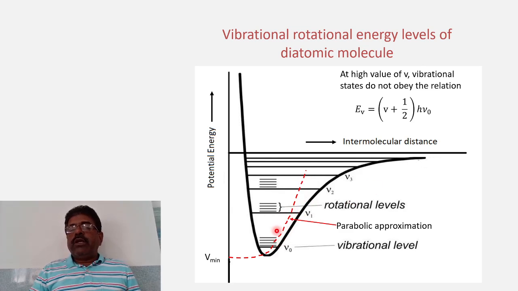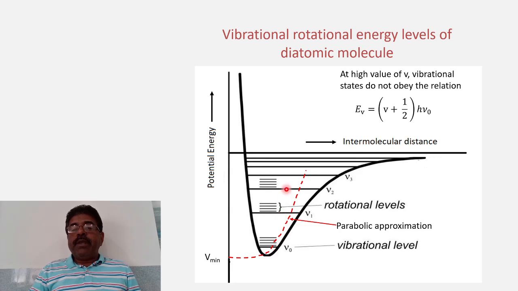So this is a parabolic approximation. Therefore the equation will no longer be satisfied for higher values of V, and the energy spacing goes on decreasing as the V value increases.